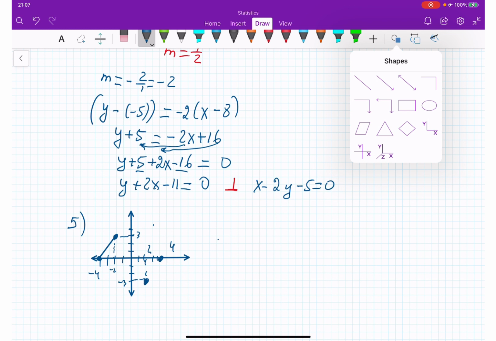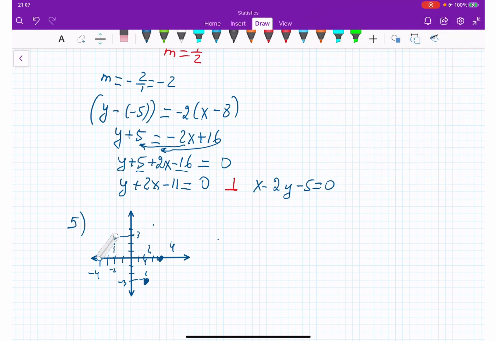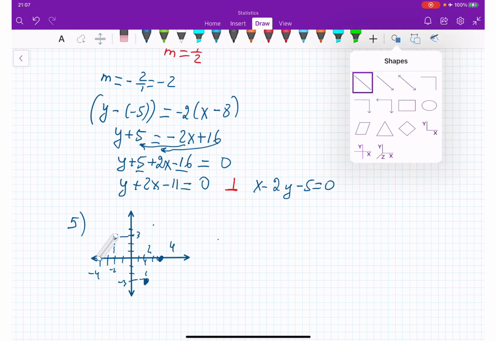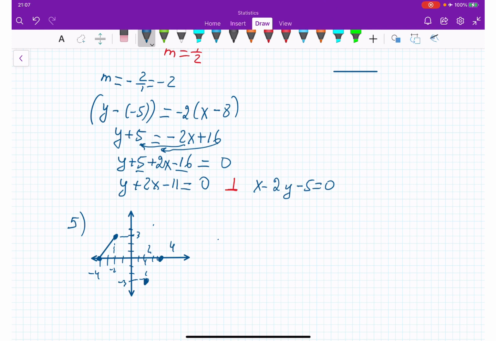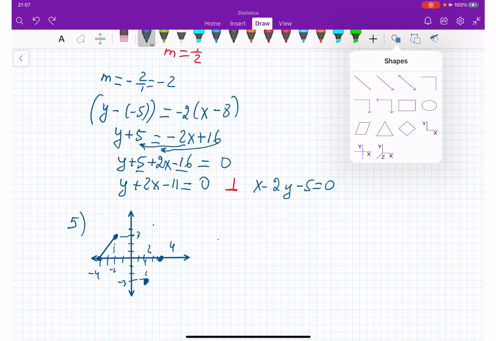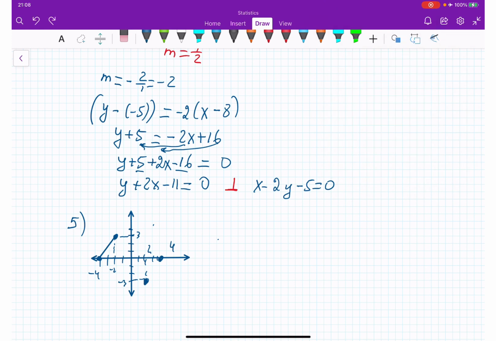Okay, then from here coming here, my graph, and then from here coming here. This is the graph f of x.